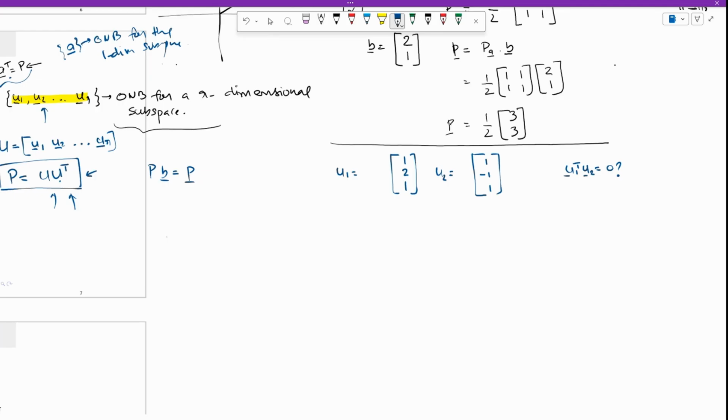So if I form a set like this, can I say that's an orthonormal basis for the subspace spanned by these two vectors? They're orthogonal, which means they're linearly independent. So can I say that U1 and U2 form an orthonormal basis for the subspace that they span?